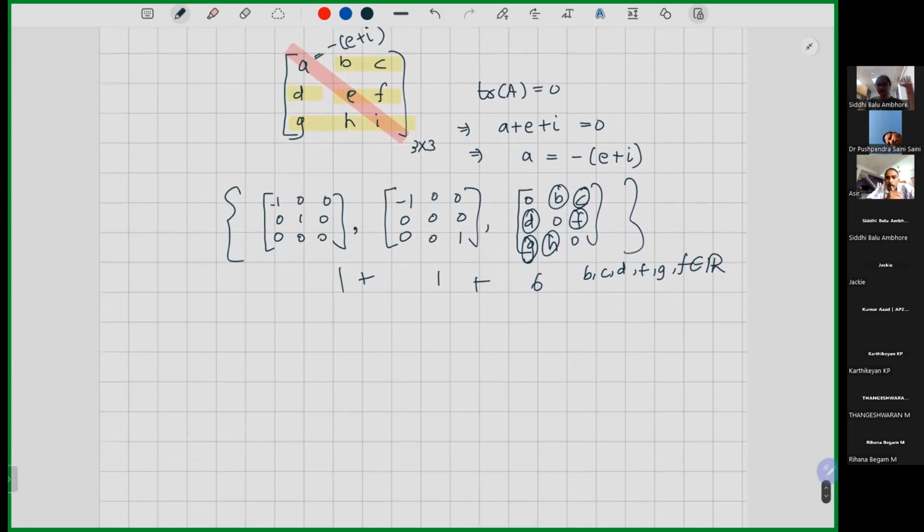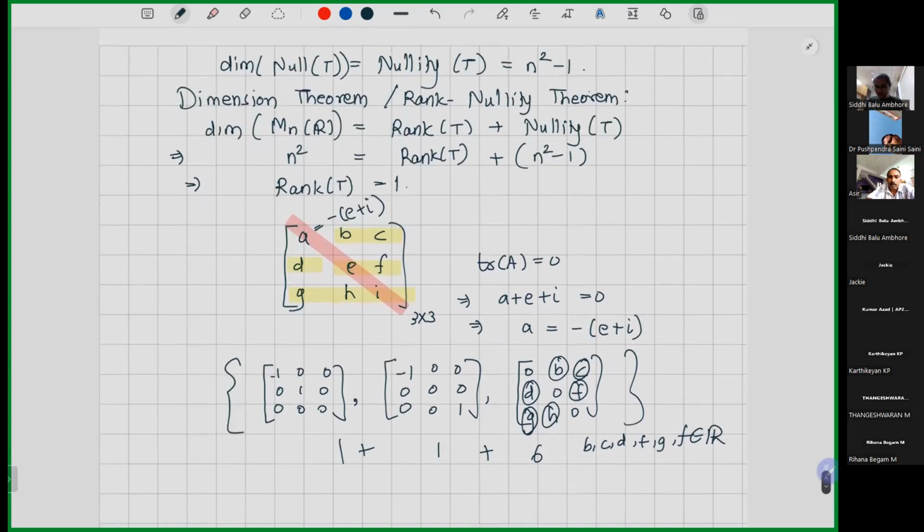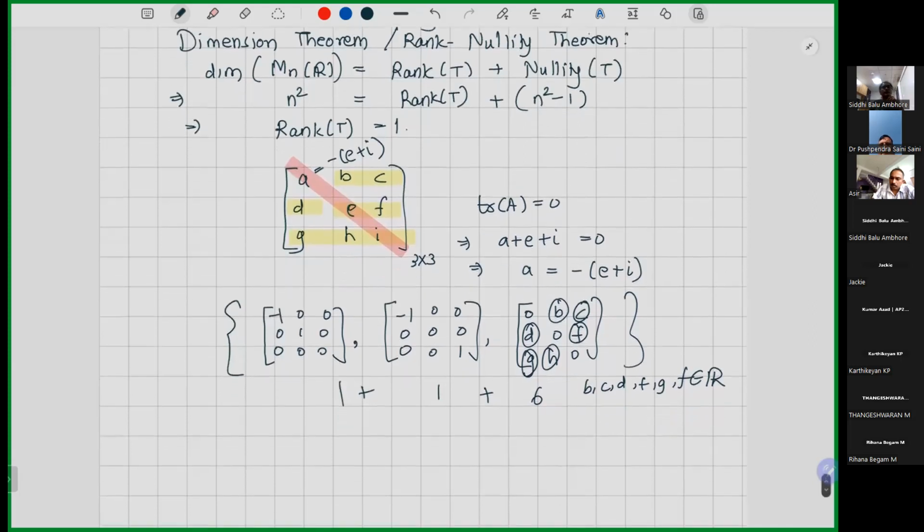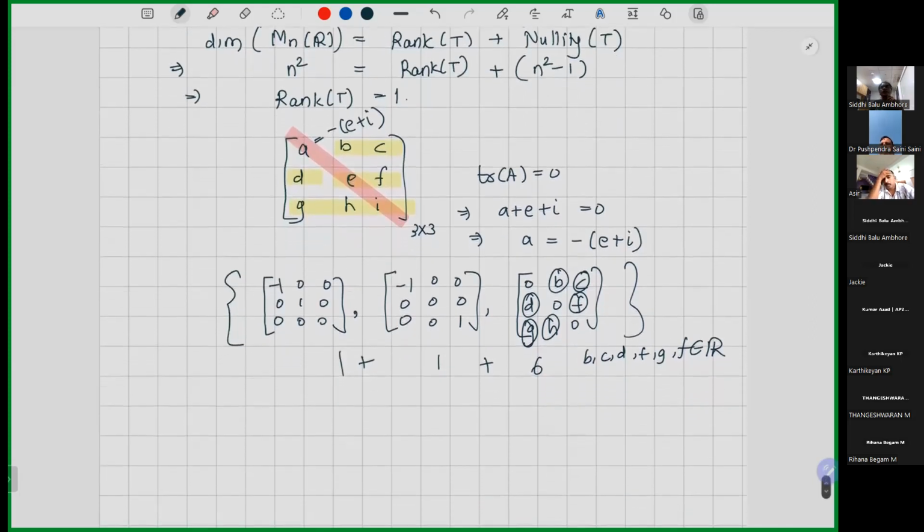In the second basis matrix, I think -1 should not be there. It will be there. Here it will be -1, and then only it will add up to 0, right? For example, for this element to be inside the trace 0 space, it has to be -1.